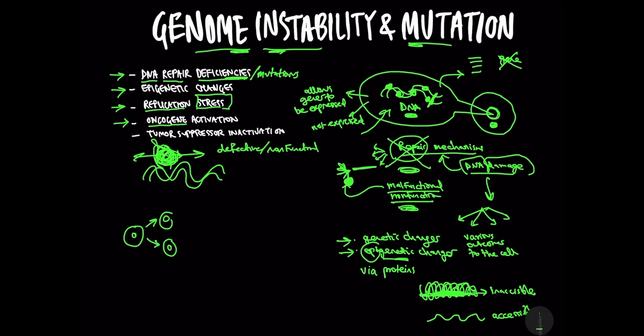And there are many different genes within your genetic material, within your DNA, that, once hyperactive, lead to phenotypes such as being highly proliferative.